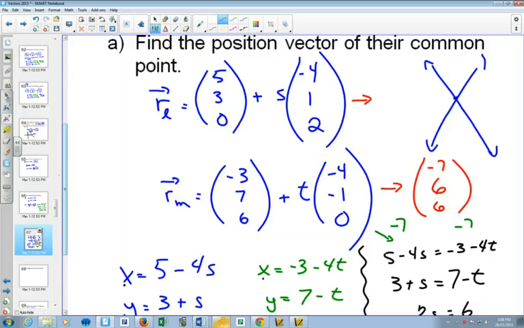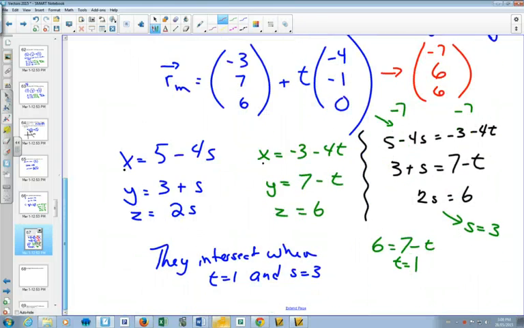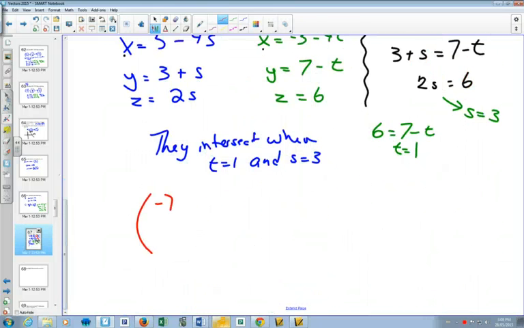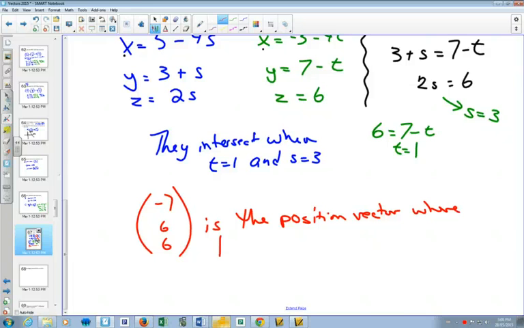If I had used my first equation and plugged in s equals 3, 5 minus 12, negative 7, 3 plus 3, 6, 0 plus 6, 6. Negative 7, 6, 6. So that is the position vector where they intersect.